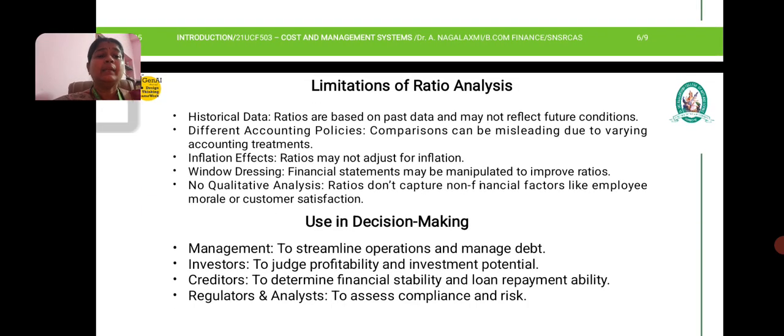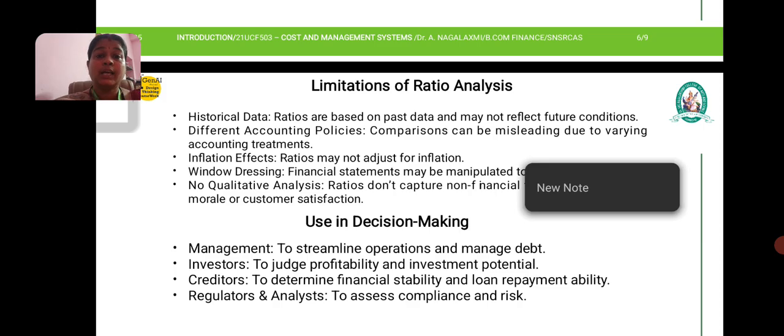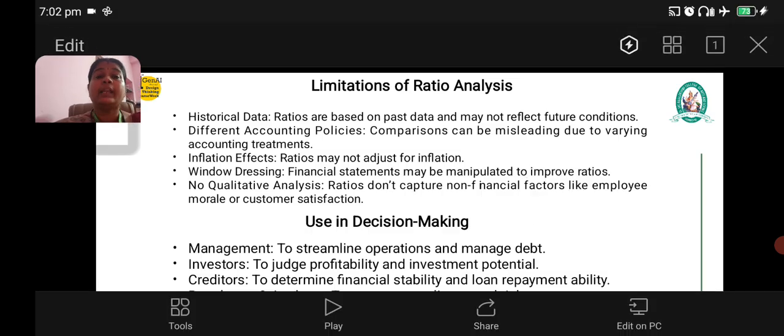These are all the advantages of ratio analysis. Next is the limitations of ratio analysis. Everything has its own advantages and its own limitations. Now we are going to see the limitations. Historical data: historical means which is already recorded. Sometimes, for accounting purposes, original values will not be recorded.